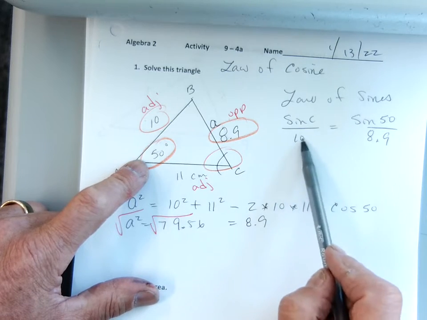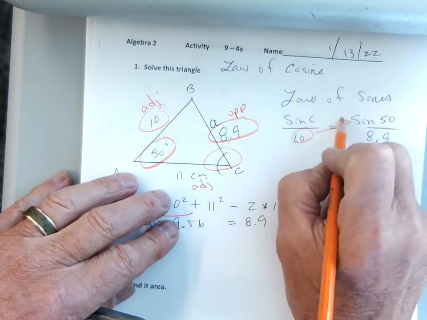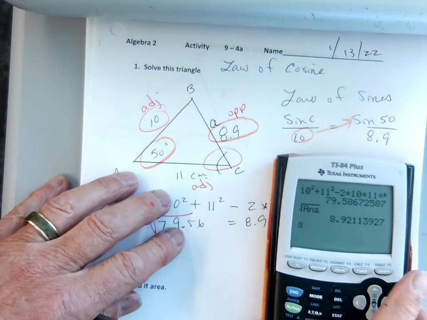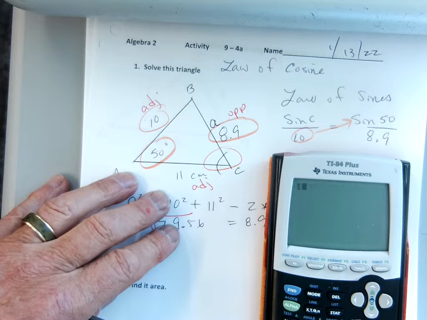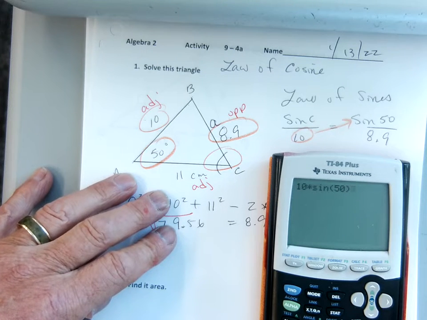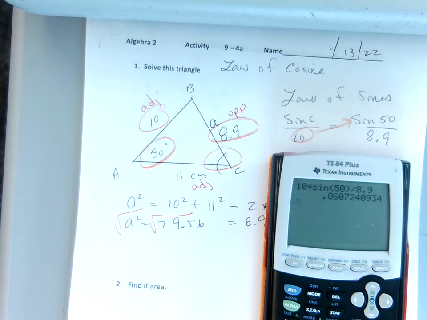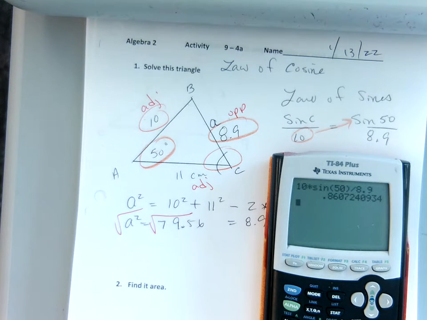I need to solve for C, so I'm going to multiply by 10. And I'm going to use my calculator. 10 times sine of 50, close your parentheses, divided by 8.9, and I get a decimal. What am I going to do with that decimal? I want to find the angle, right?